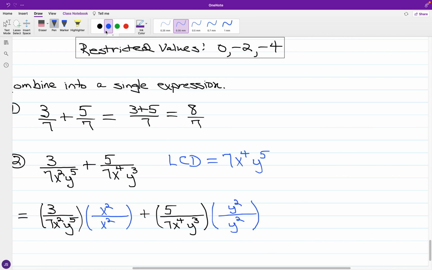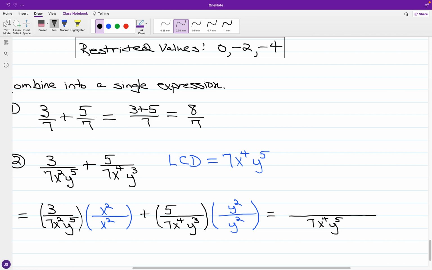And if we work across, if you notice in both of the products in the denominator, I have 7 x squared times x squared is x to the fourth. We got y to the fifth. And guess what? 7x to the fourth, y cubed times y squared is also 7x to the fourth, y to the fifth.